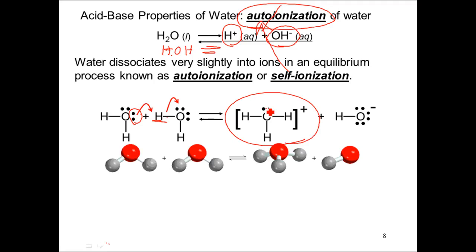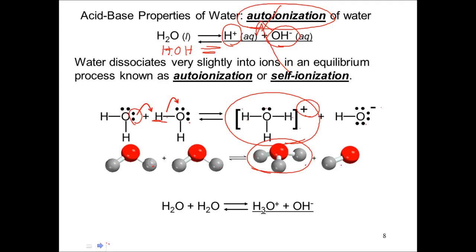We have the lone pair on the oxygen with 3 hydrogens and that +1 charge. Please remember, it's a polyatomic ion, so it belongs in brackets. And then what's left is the OH minus group. So 2 waters will auto-ionize into hydronium ion and our hydroxide ion.